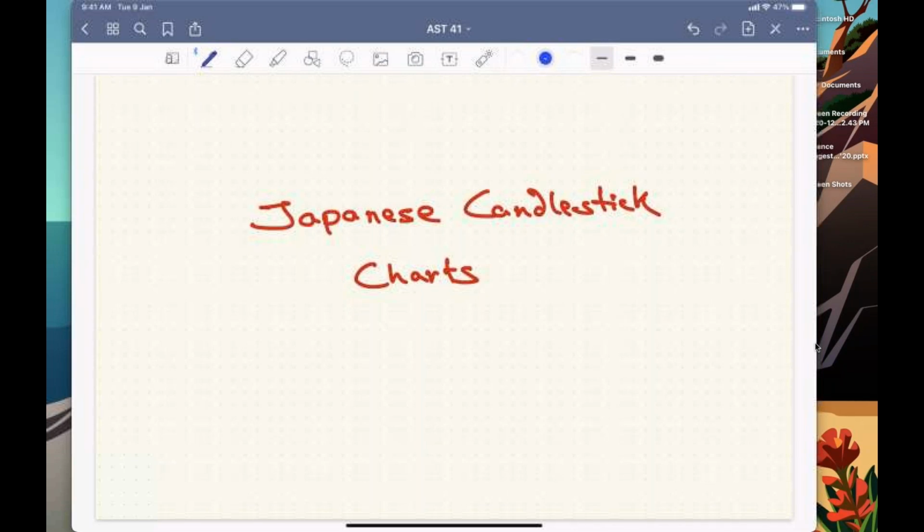Yes, most of the time option sellers make money. Most of the time option buyers lose money. Rarely, or in few instances, the option seller will lose money, and in few instances the option buyer will make money.